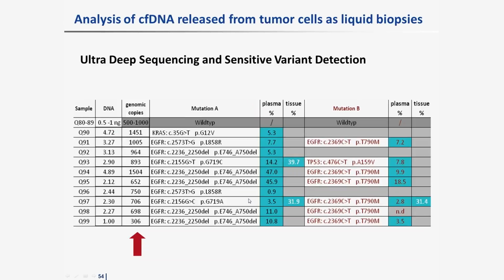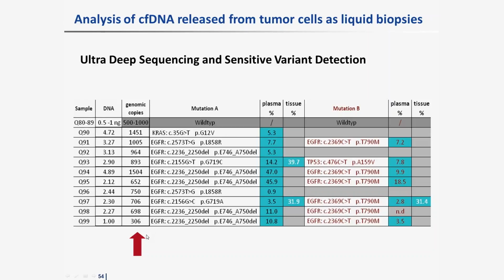And here are some results of the analysis shown. Please note that we have sometimes less than 500 nuclear copies available for our study. So the amount of DNA was quite low.